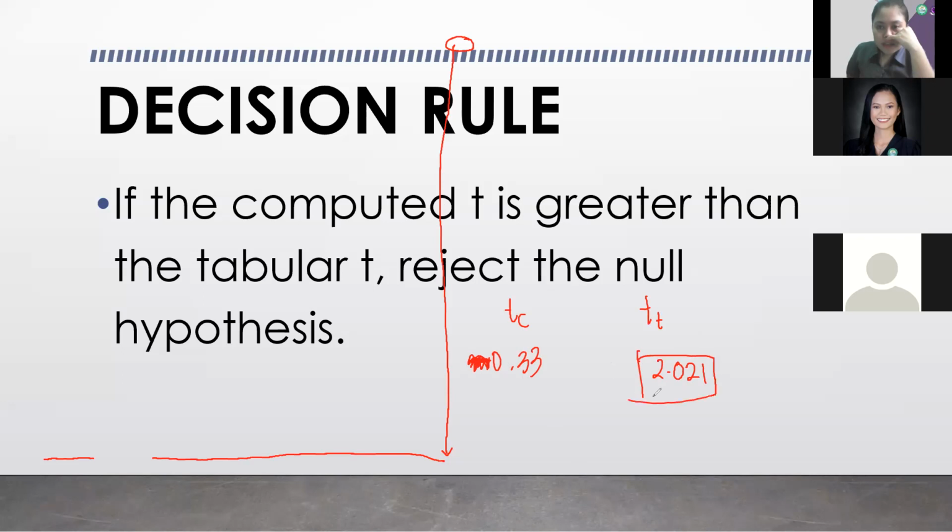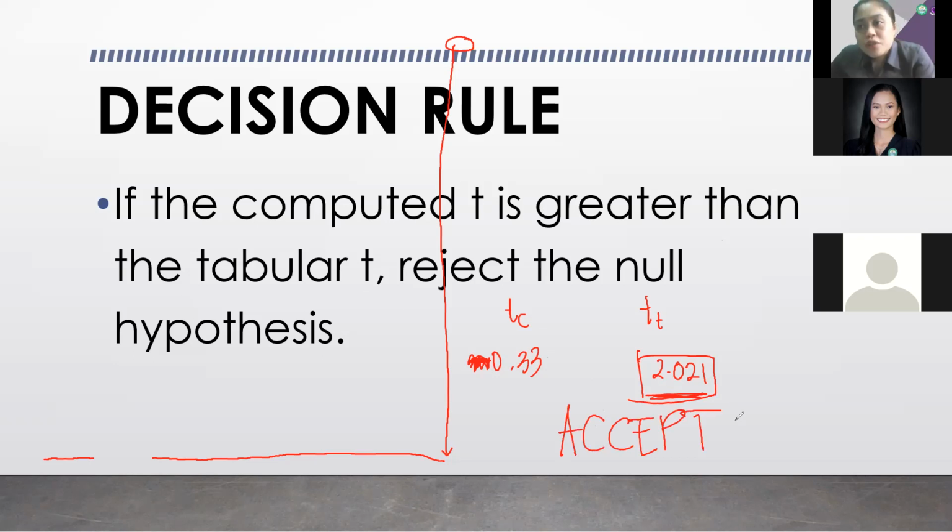Syempre si tabular T ang mas malaki. Anong nakalagay sa decision rule? If the computed T is greater than the tabular T, reject the null hypothesis. Pero in this case, the computed T is not greater than the tabular T. This is greater here. So this is accept the null hypothesis.